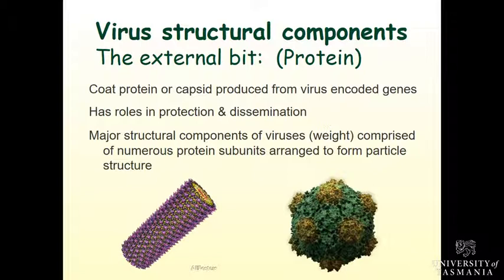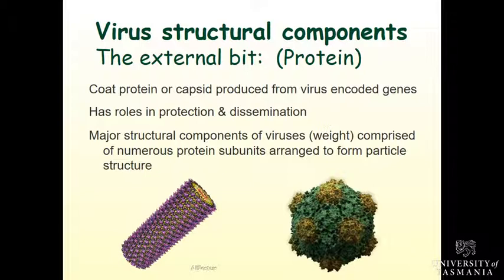So let's start off with the outside bit, the protein. Mostly because if you're looking at the electron microscope, that's the bit you see. It's a capsid or a coat protein, which is produced from a virus gene. So the virus has a gene encoded in its genome, which, once it infects a plant, makes the plant produce this protein.